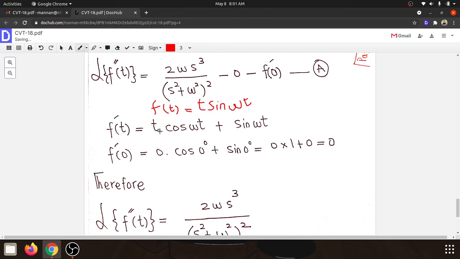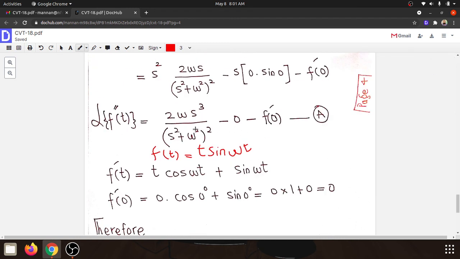We write the first function as such and compute the derivative of the second function, plus the derivative of the first function, which is 1, and the second function as such. Now we put a 0 here to compute f prime of 0: 0 times cosine of 0 plus sine of 0. 0 times cosine of 0 is 0, plus 0. So fortunately or unfortunately, f prime of 0 is also 0.